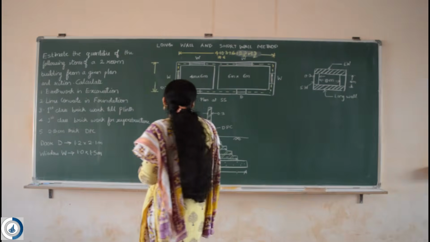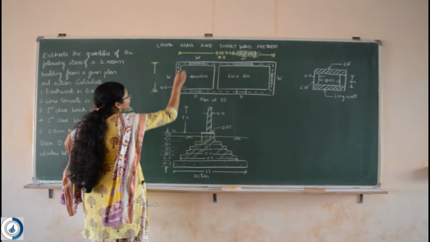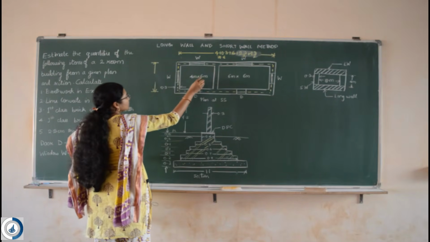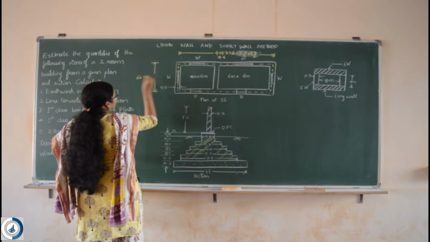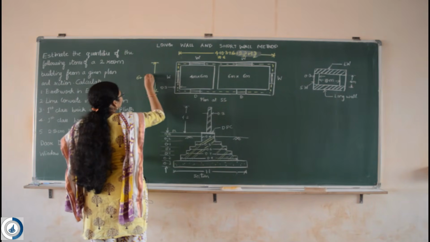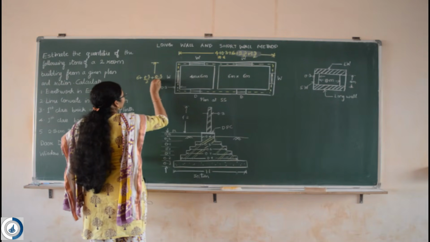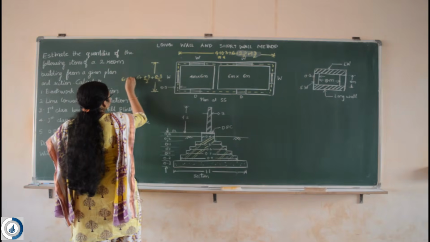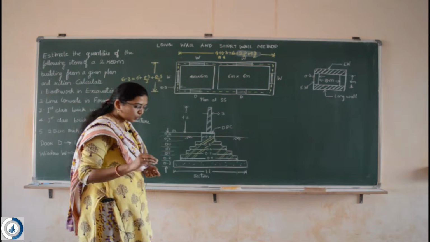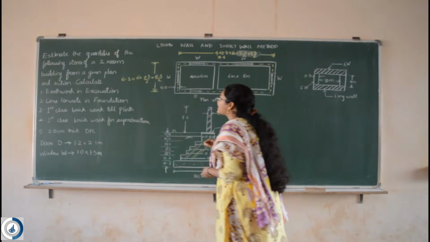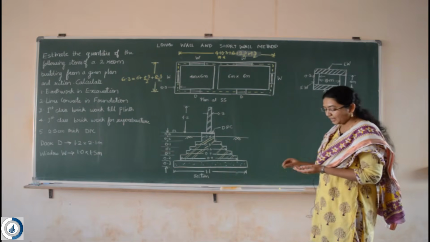Similarly, when I want to do it for the short wall, here the in-to-in dimension is 6 meters. 6 plus 0.3 by 2 plus 0.3 by 2, which will be equal to 6.3 meters. So we have got the center line distances for the long wall and the short wall.